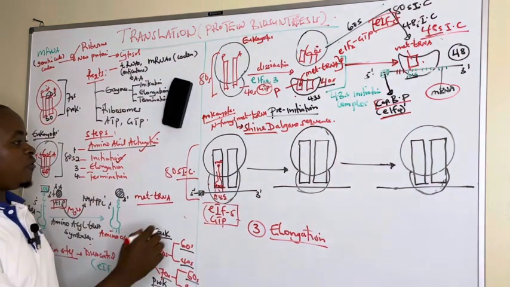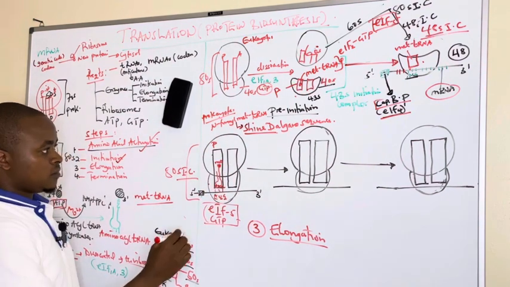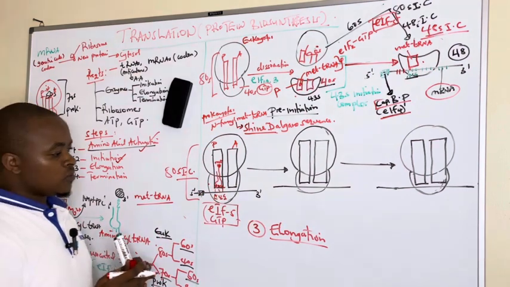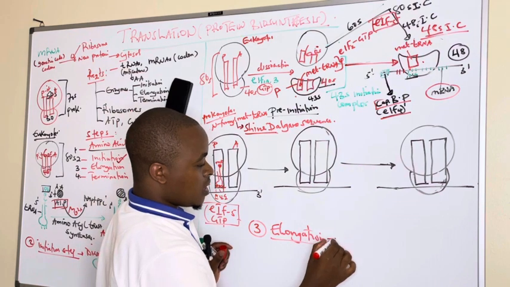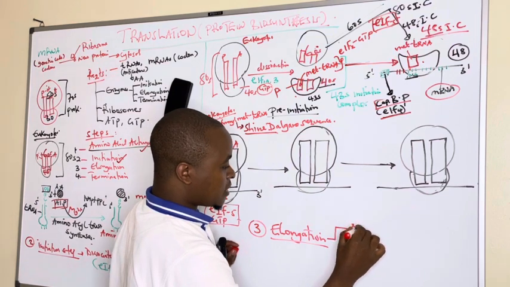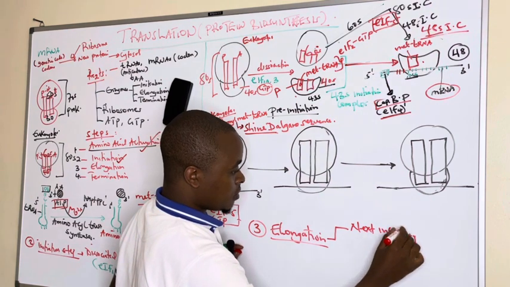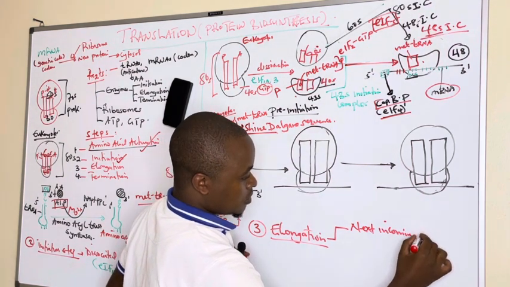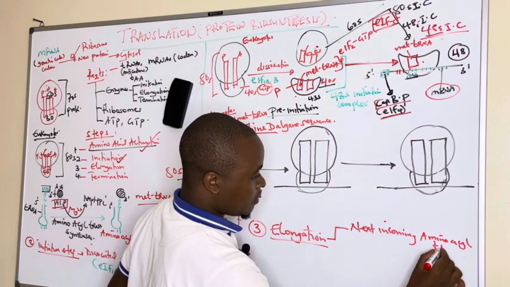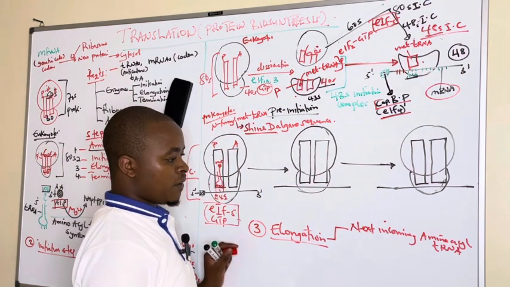So when they come, we have formed the first amino acid in the P site, then this is the A site. So elongation occurs in 3 steps. One is the addition of the next incoming aminoacyl transfer RNA carrying the amino acid specified by the codon on the mRNA.